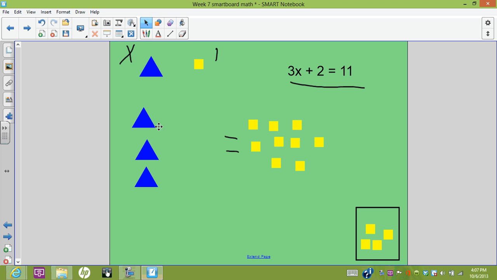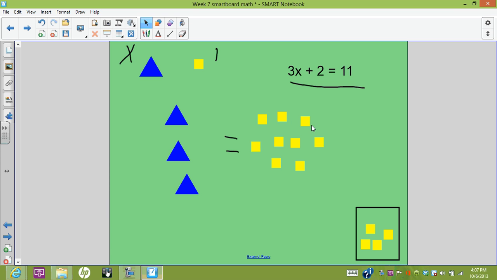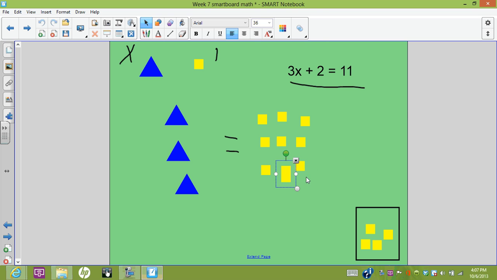Now, if you see, I have one triangle, two triangles, three triangles, and I have 1, 2, 3, 4, 5, 6, 7, 8, 9 little squares over on this side.